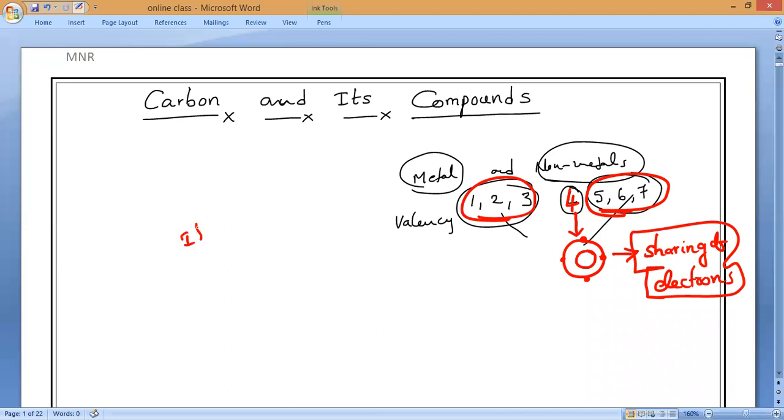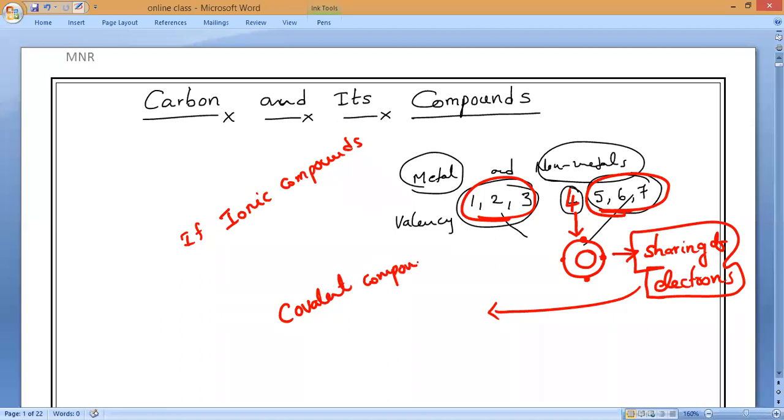If one can donate and another one can accept, then the compound formed we used to call, what compound? Ionic compounds. Now, if the compound is formed only by sharing, we used to call it, what compound? Covalent. We already studied the properties of covalent and ionic compounds in the metals and non-metals chapter.